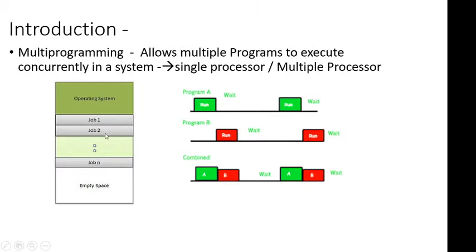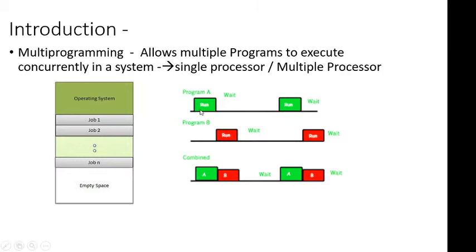All of these processes are ready and they need one or the other resource. Some may require the CPU, some printers, some certain memory, some files. So all the processes that are executing are brought into the operating system. When one or more processes are brought into the RAM for concurrent execution, it is called multiprogramming.